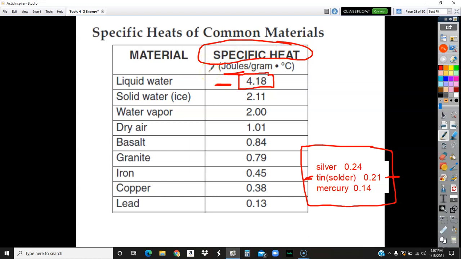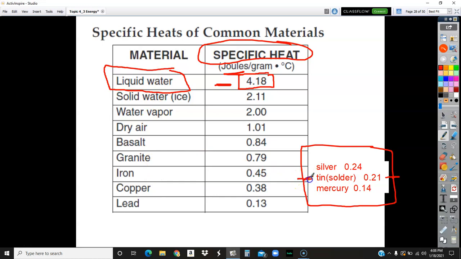That means the higher the number, the longer it takes for something to heat up, because you have to put more work in, right? Notice water needs 4.18 joules to heat up every gram of water every degree. That's a lot of joules. And so that means it takes a lot of energy to raise the temperature of liquid water.